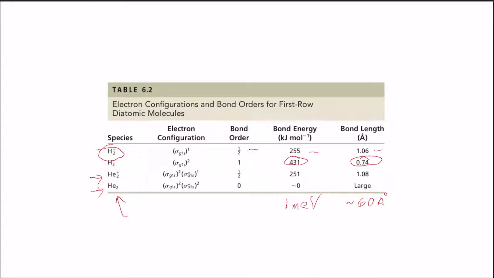So as you can see, here they're all in the 1 to 2 range, even 0.7 to 1.1 range, and this one is really, really long. However, don't let anybody tell you that helium 2 does not exist. It can be prepared and it can be studied. However, you cannot buy a bottle of helium 2 because it very easily falls apart.